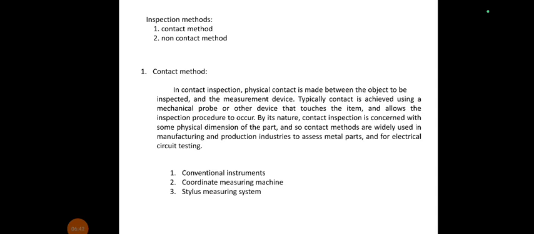It consists of a table which holds the parts in a fixed position and a movable head which holds a sensing probe. The probe can be moved in three directions corresponding to the x, y and z coordinates. During operation, the probe is brought into contact with the part surface to be measured and the three coordinate positions are indicated to a high level of accuracy.